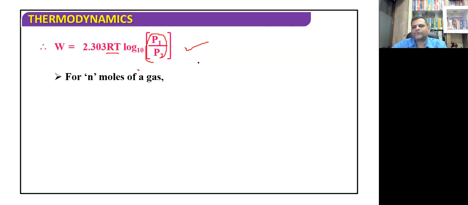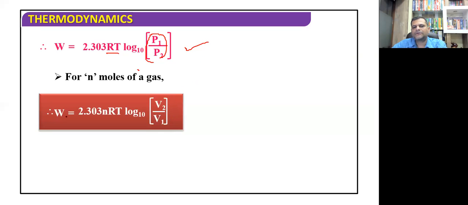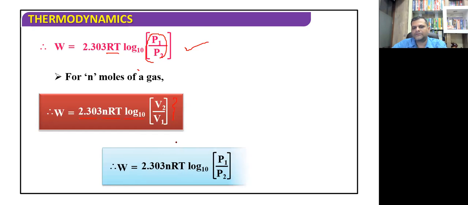Remember, for n moles, it will look like W is equal to 2.303 into nRT into log to the base 10 of V2 upon V1. Okay, and in terms of P1 and P2, it will be simply 2.303 nRT into log to the base 10 of P1 upon P2.